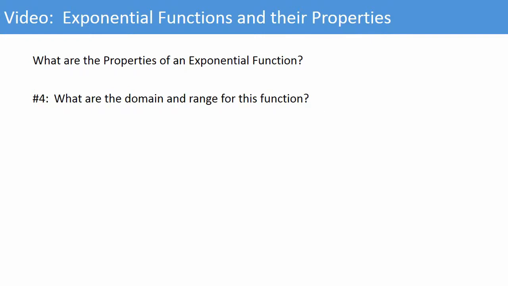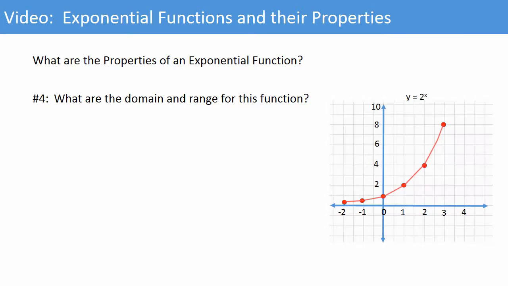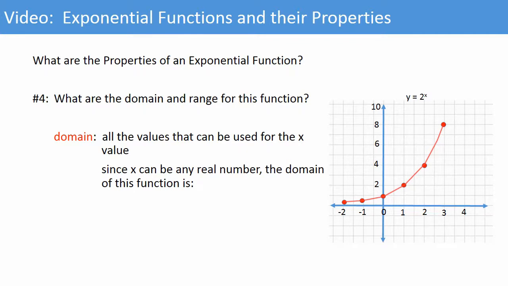Now, property number 4. What are the domain and range for this function? Well, the domain is all the values that can be used for the x value in the equation. Since x can be any real number, the domain of this function is written as the set of x such that x is an element of the real numbers.